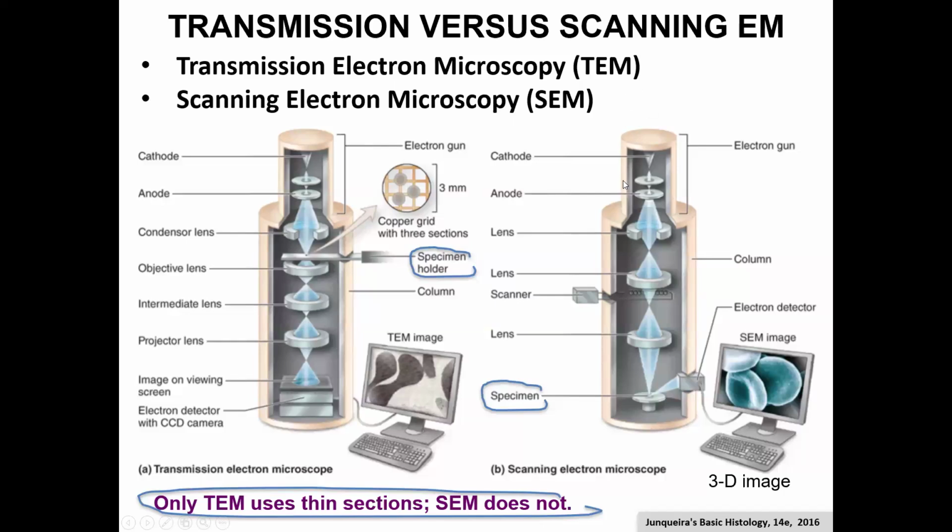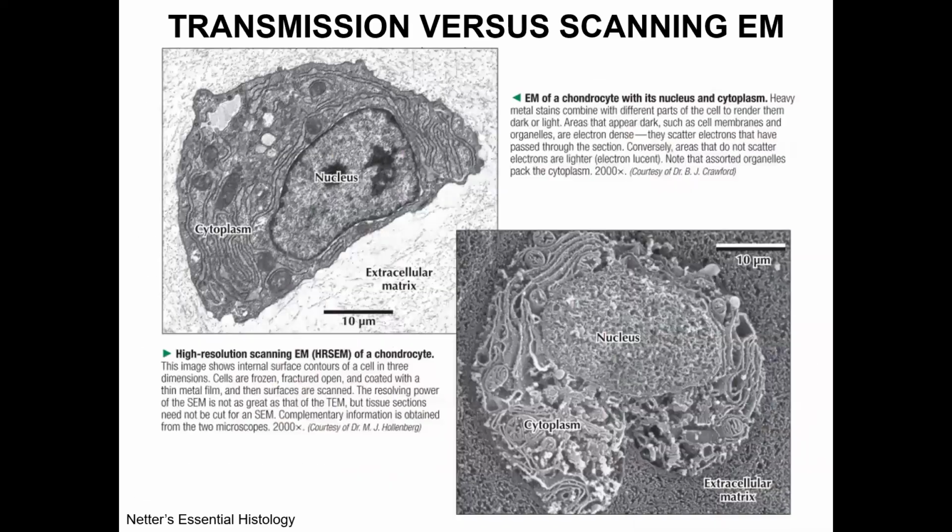I explained to you the difference between the transmission electron micrograph and the scanning electron micrograph. Remember that only the transmission electron micrograph uses thin sections. The scanning electron micrograph does not. The electrons hit the metallized surface of the specimen and are reflected and reconstitute the image.